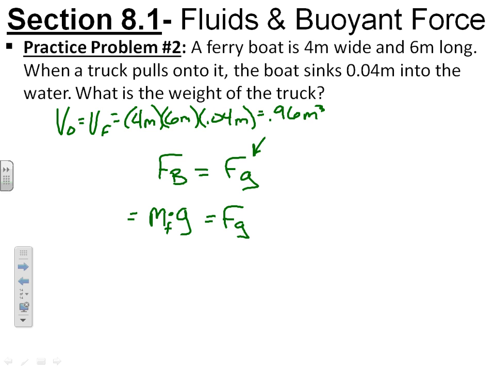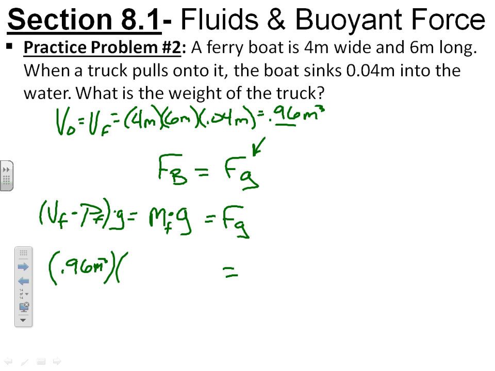But remember, we can substitute that m for the volume of the fluid times the density of the fluid times g. So we now know all of these values. We just have to plug everything in. VF is right here, 0.96 meters cubed.